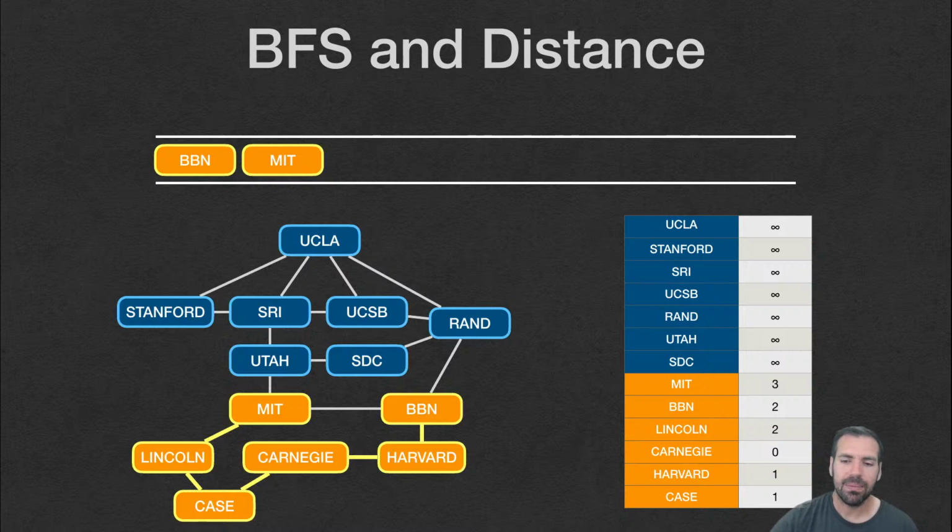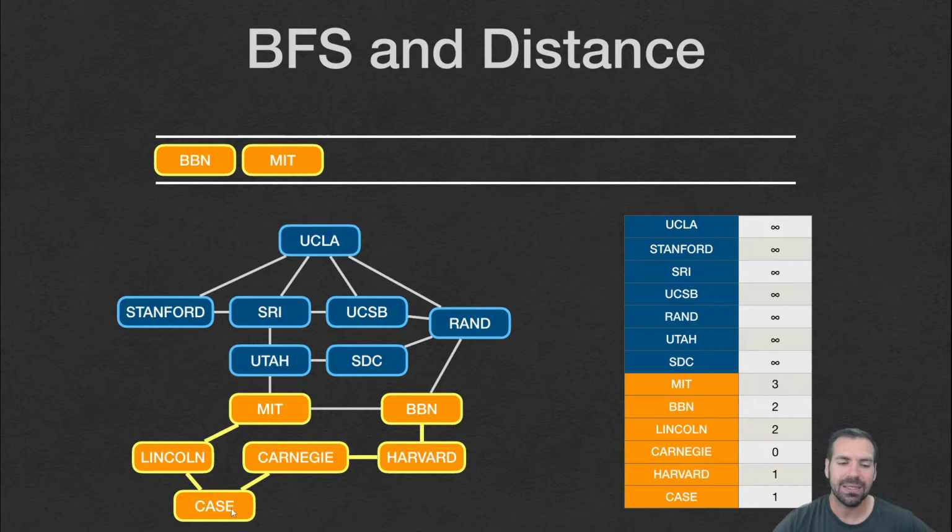And the way it was decided who finds MIT was, well, one, when I made the slide, I just chose. But if this were how it was actually going down, what happened is that Carnegie's array list has Case then Harvard as opposed to Harvard then Case.